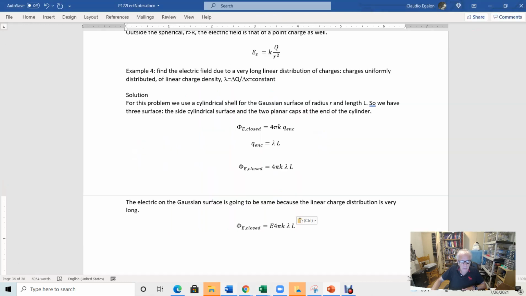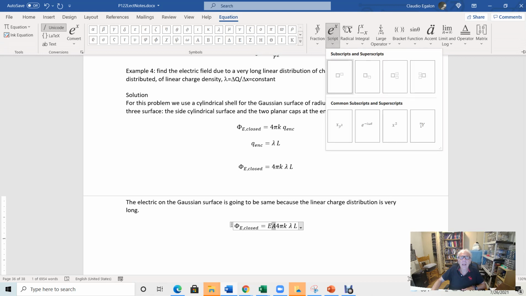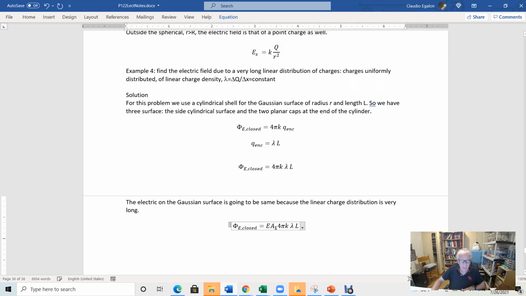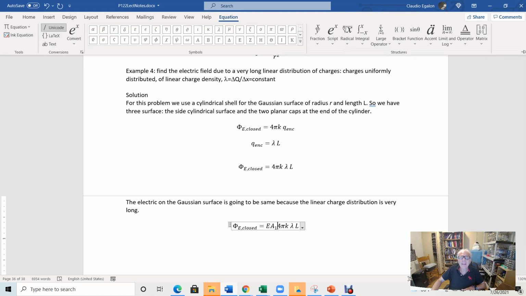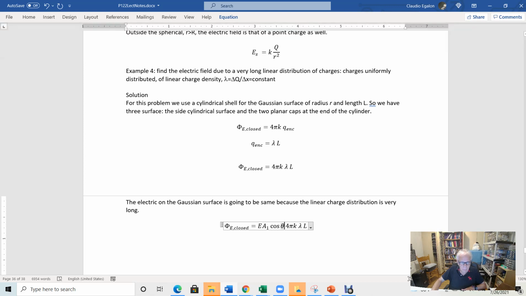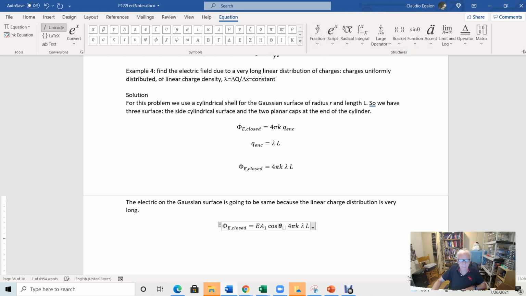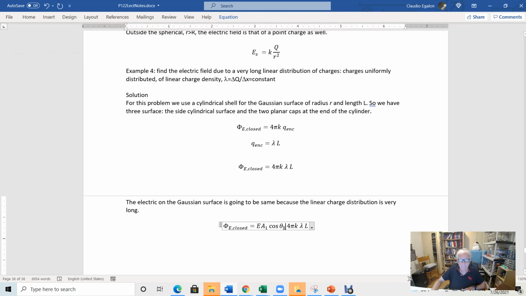So here you go, let's continue. The flux is going to be electric field times area of surface 1 times cosine of theta 1. That's the cylindrical surface.